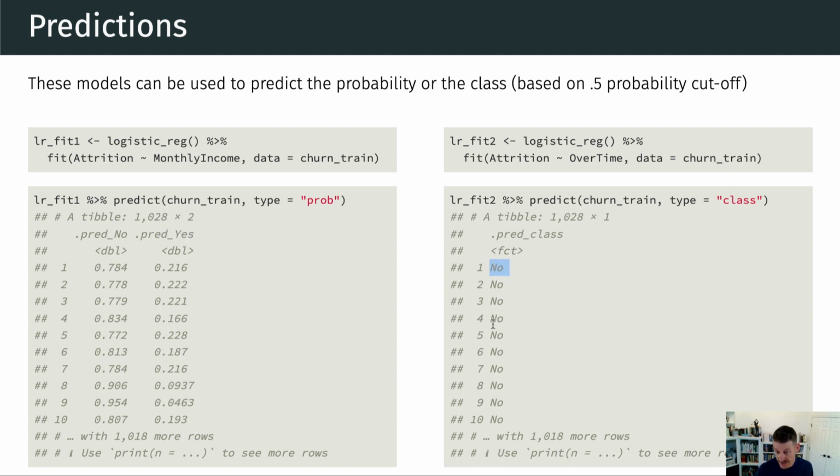In this case, the first 10 observations that we're predicting on, all were predicted to not leave, right? And if we look over here, we can see that the prediction for no is all greater than 0.5, so that's why we're predicting no. If an observation had the prediction equals yes greater than 0.5, then we would in fact be returning the value yes for the class.